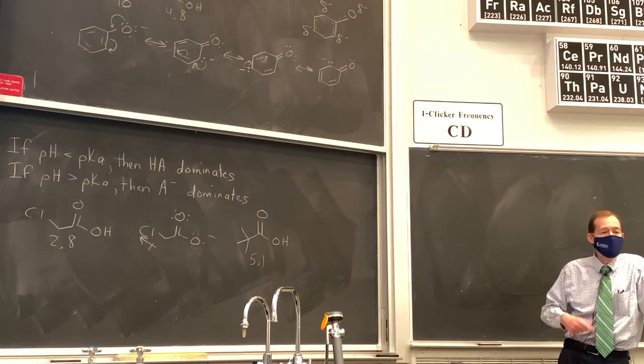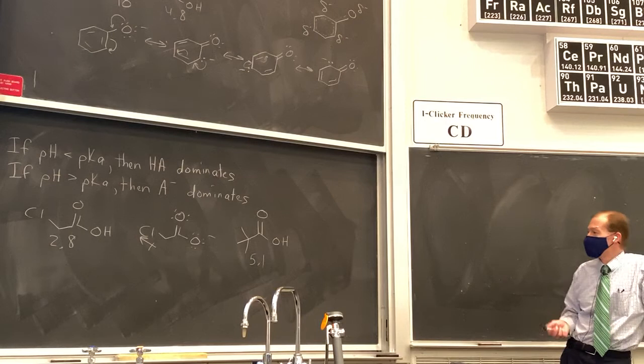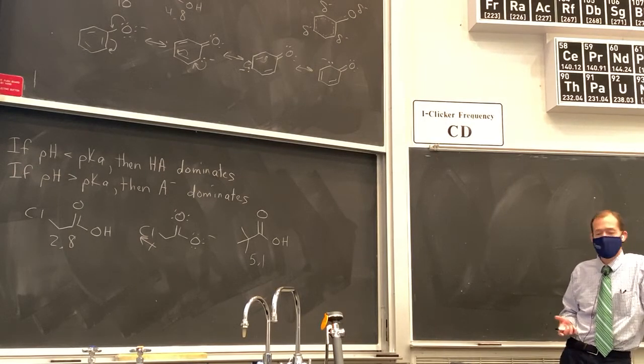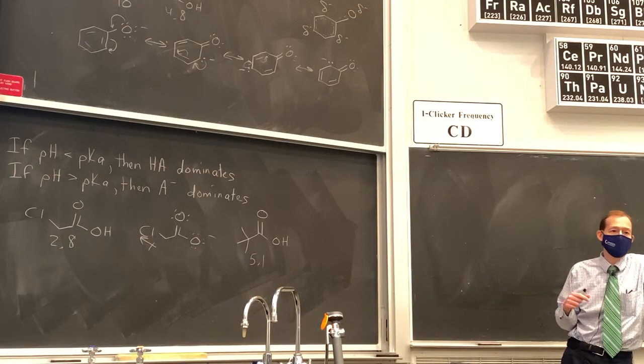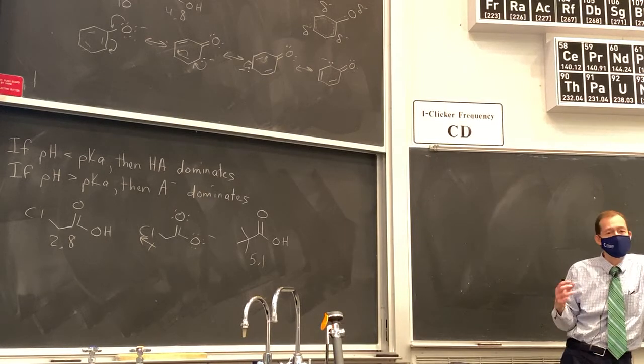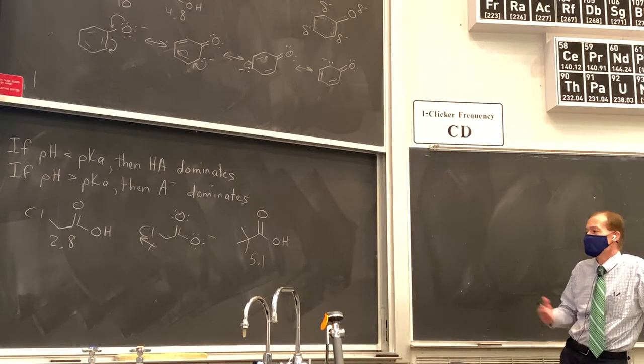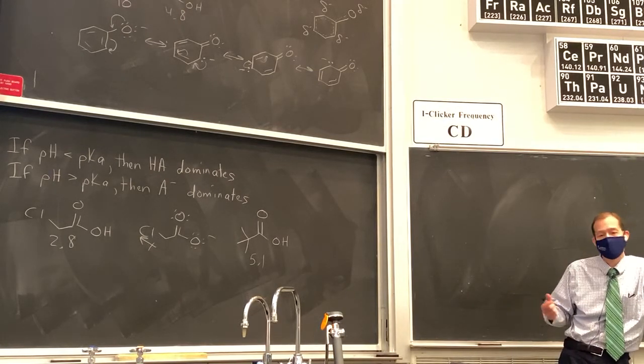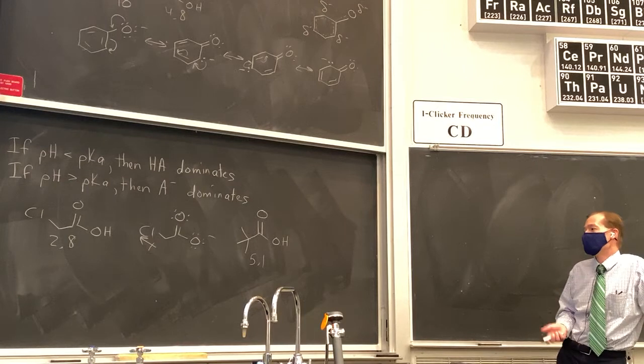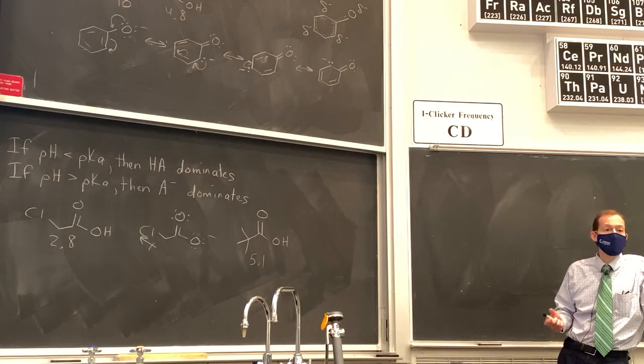Okay? So a couple of factors to remember about inductive effects. They are additive or cumulative. So if we have 2 or 3 electronegative atoms, that's going to stabilize our conjugate base more and lead to a stronger acid. So dichloro and trichloroacetic acid would be stronger acids than chloroacetic acid. They're dependent upon the electronegativity of the atom.